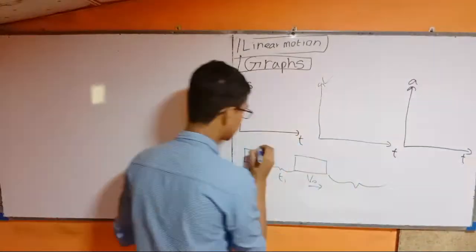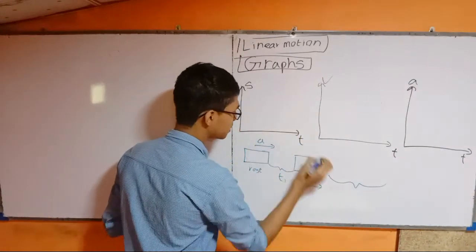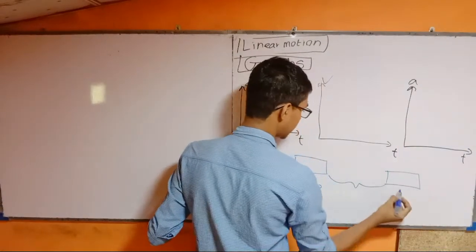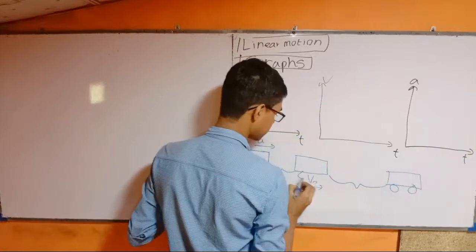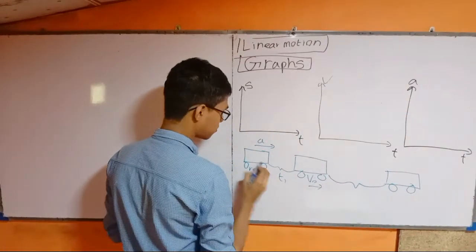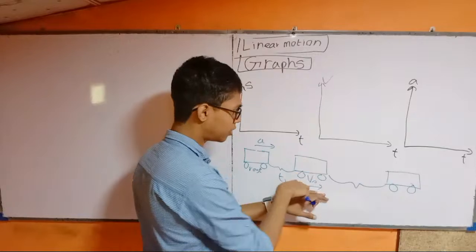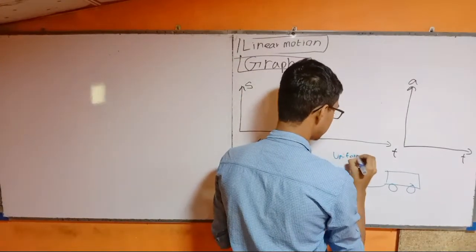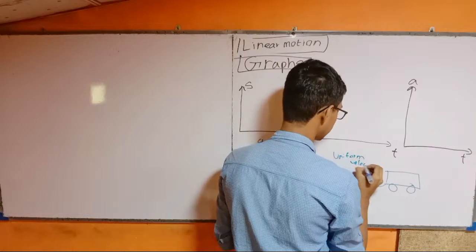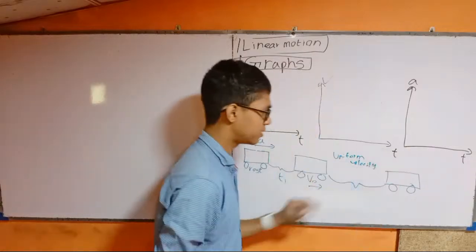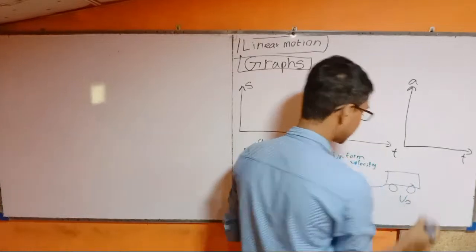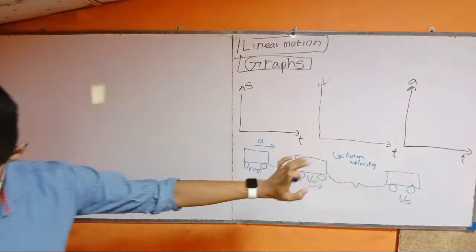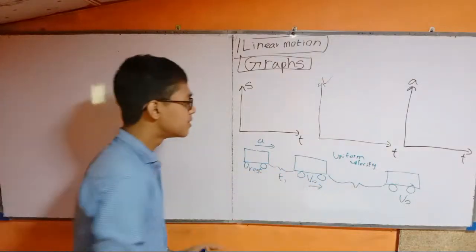There is no acceleration, v naught up to here. Uniform velocity means the same velocity, it doesn't change, no acceleration.